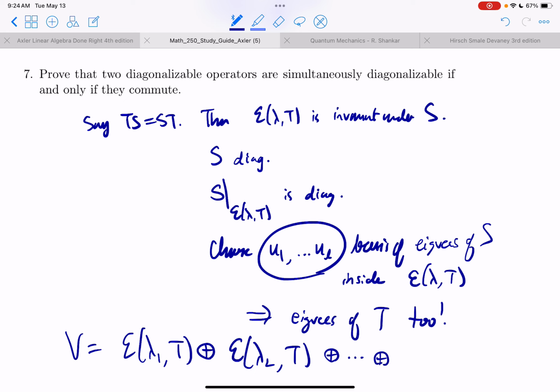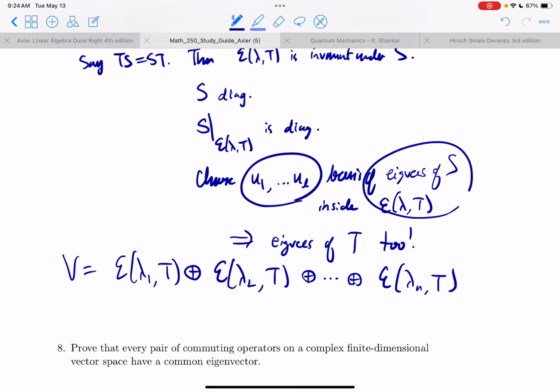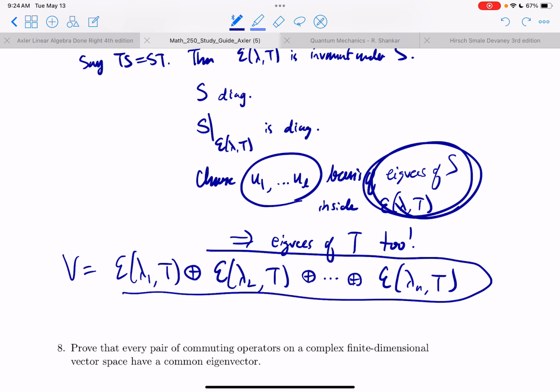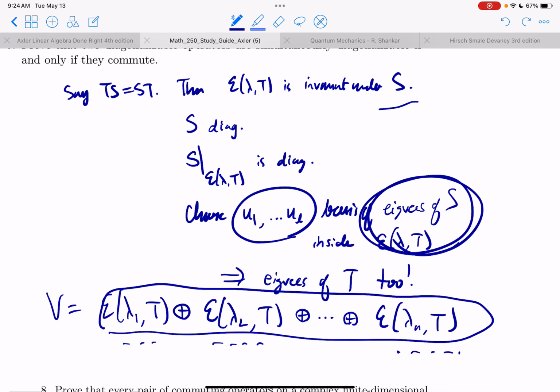And so now we've just shown that on each space there is a basis that's simultaneously eigenvectors of T and eigenvectors of S. Because this is a direct sum, you just string together the basis on each of these spaces that we know exists that respects S, because each eigenspace is invariant under S, so we can choose a basis of eigenvectors of S. And then within here, now we've got eigenvectors of S, eigenvectors of S, eigenvectors of S in our bases.